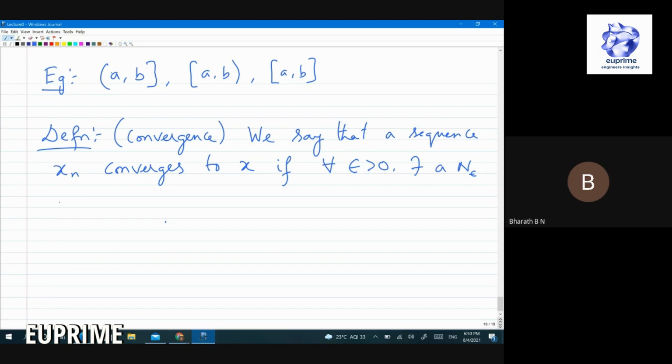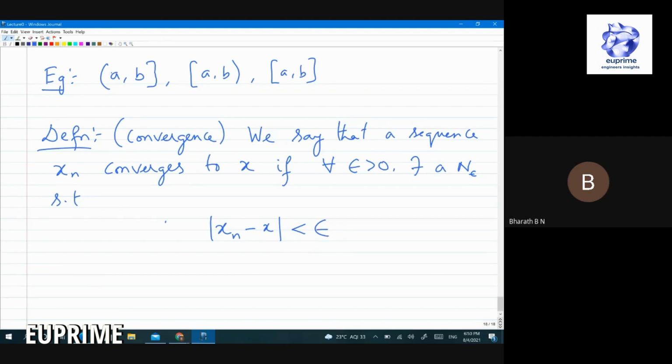There exists an n epsilon such that now the sequences beyond the stage will always remain within the epsilon room. How do I write that? See, xn should be close to x. How close? Epsilon close. This is clear?